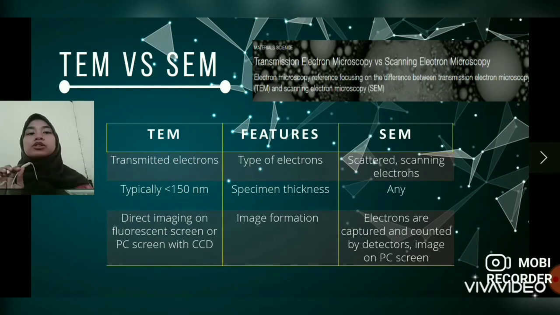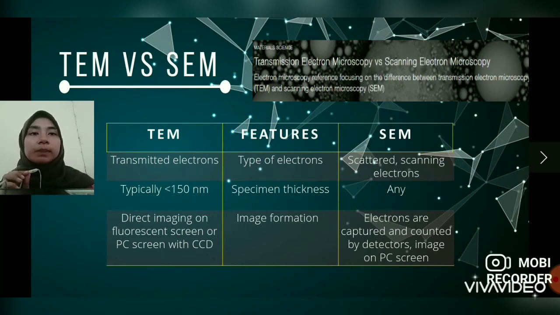Because TEM uses transmitted electrons, which are electrons that can pass through the thin sample, it provides valuable information, rather than SEM, such as the inner structure of the sample, the crystal structure, the morphology, and the shape or the size, while SEM just provides the surface of the sample.